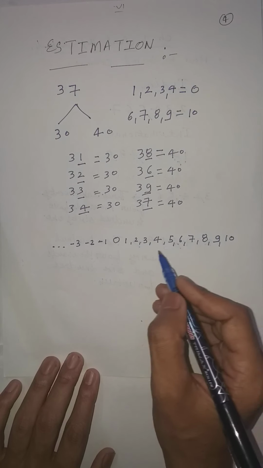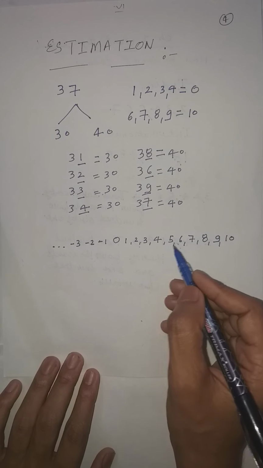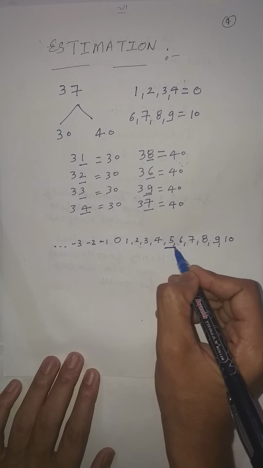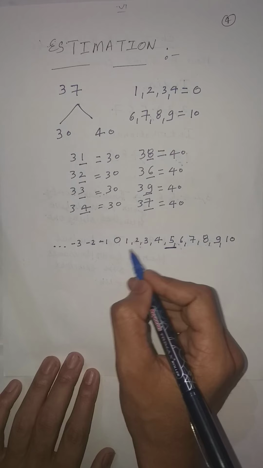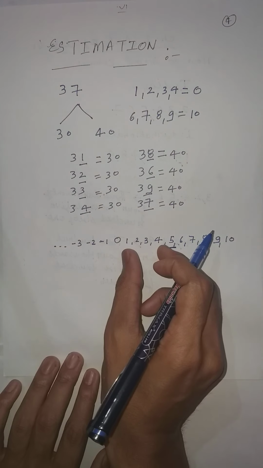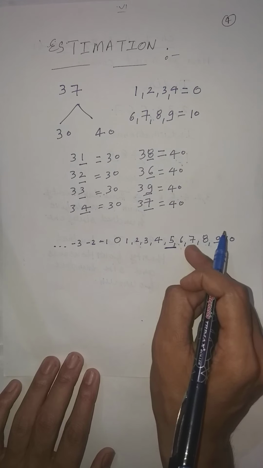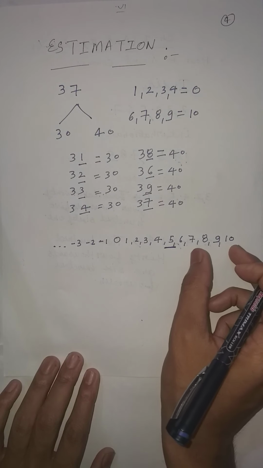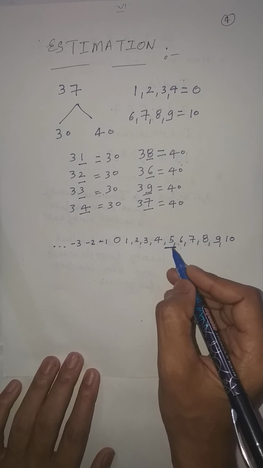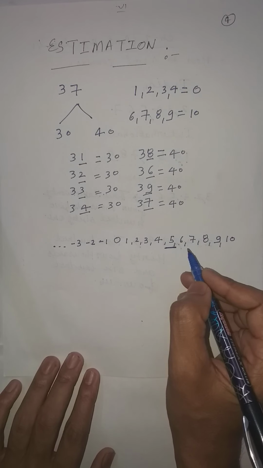So what you will see here is that 5 is the middle number, yani 1, 2, 3, 4. Here 4 numbers are there, and here also 1, 2, 3, 4. Here 5 means if you start from 1, then 5 is the middle part. Clear to everyone?